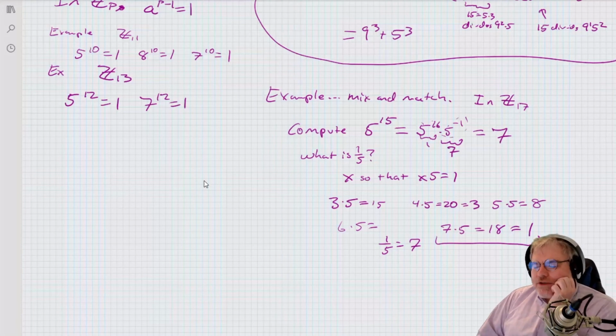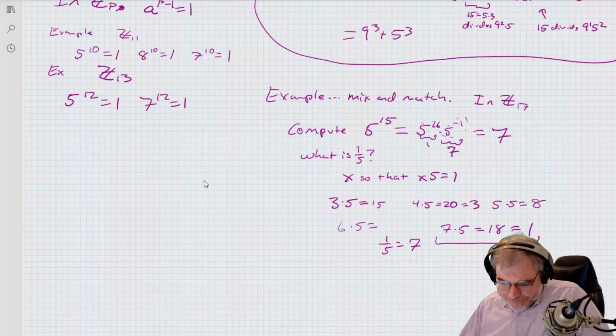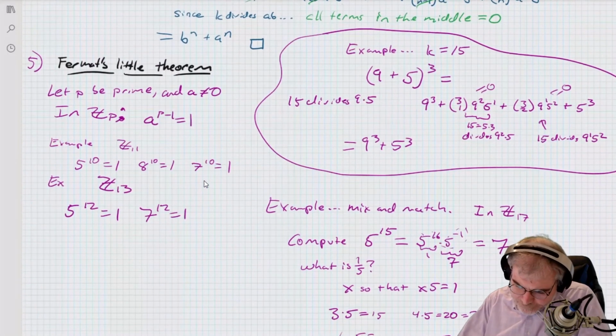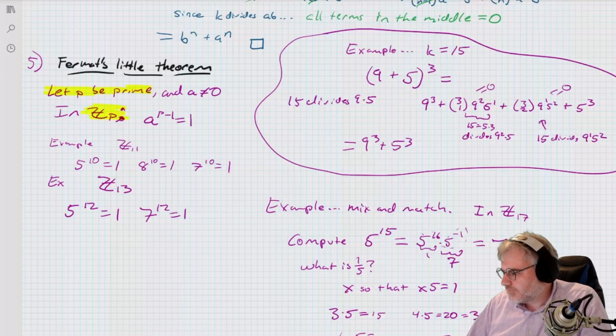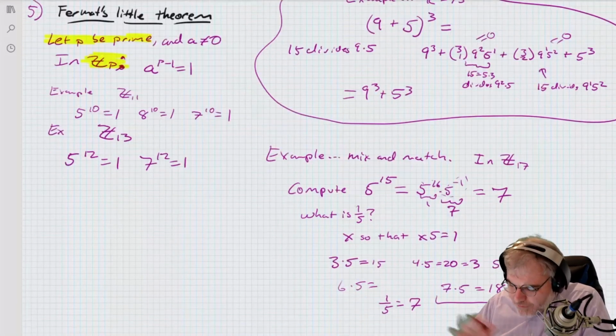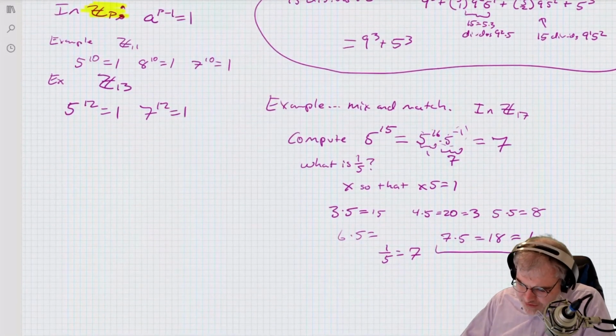So Fermat's little theorem only works when P is prime. Okay, so next time we're going to prove Fermat's little theorem. I'll check the list. Okay, so next time we're going to start digging into recursion and prove some of these things.